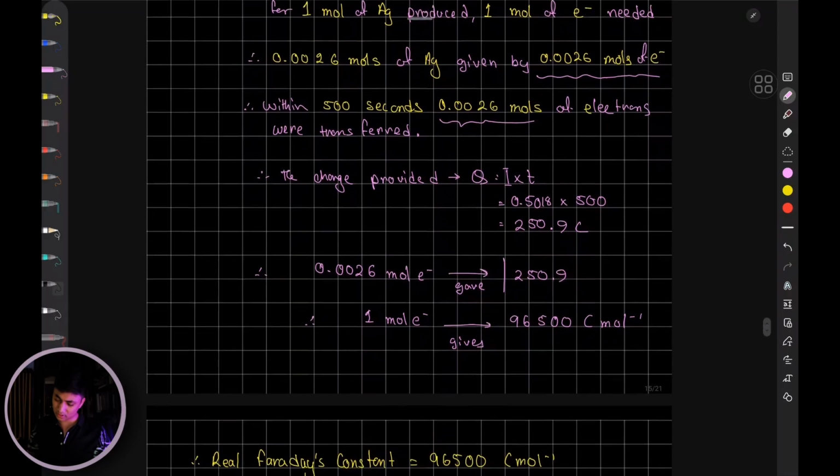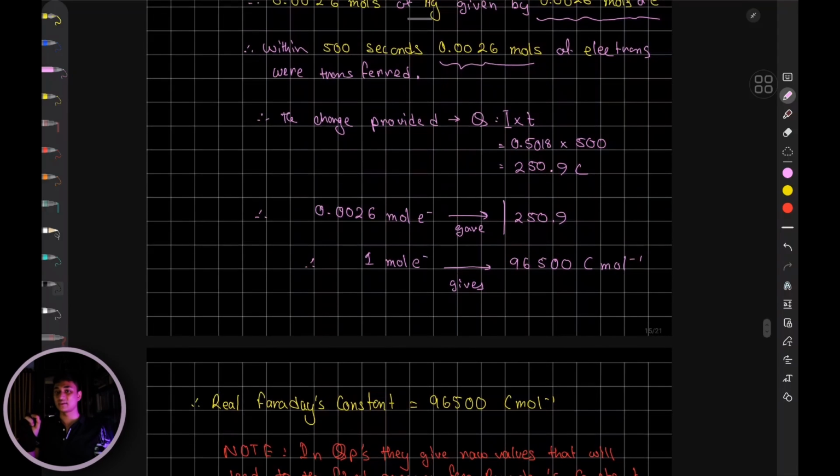Therefore, to transfer 1 mole of electron, how much charge would we need? Divide either side by 0.0026, and you're going to find out the charge carried by 1 mole of electron.